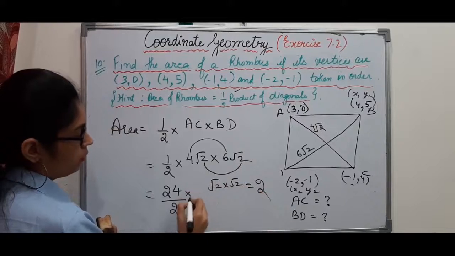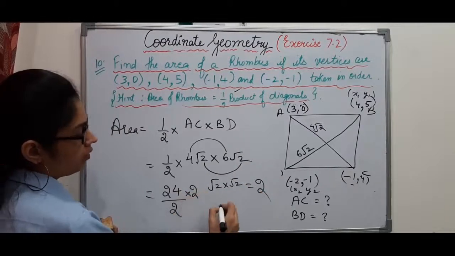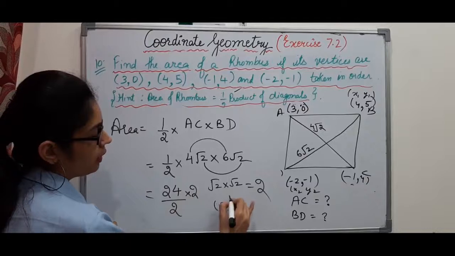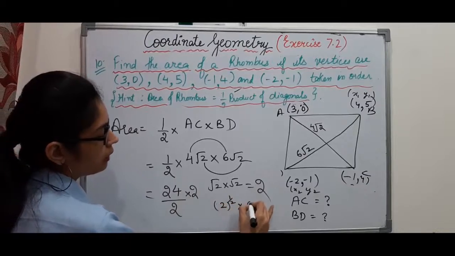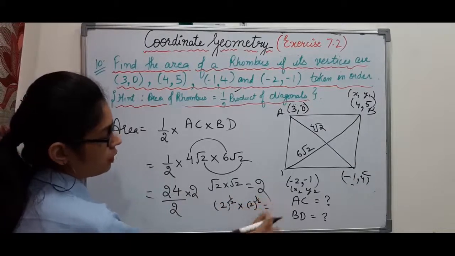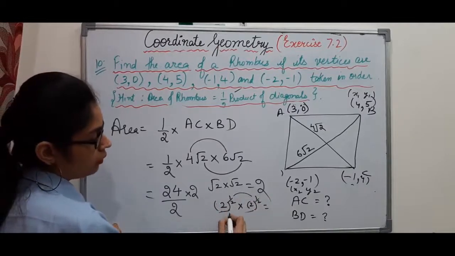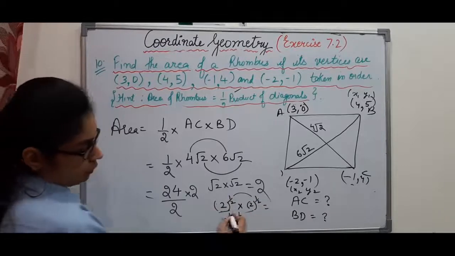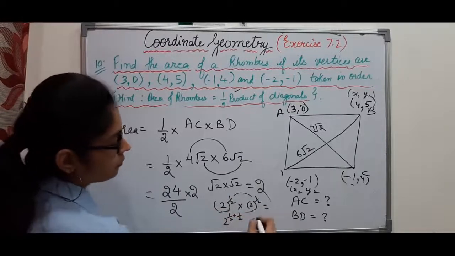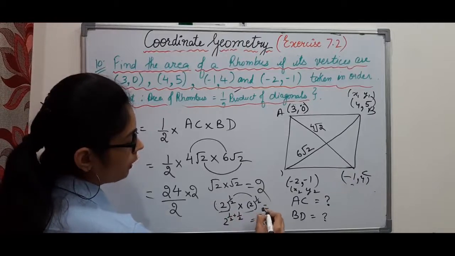So 24 into 2. You can see here, because 2 has power 1 by 2 and it is getting multiplied with 2 which has power 1 by 2. So when the bases are the same, the powers can be added. See, 2 to the power 1 by 2 plus 1 by 2. If you add this, you will get 2 to the power 2 by 2.